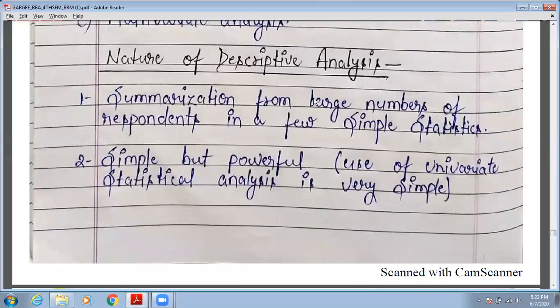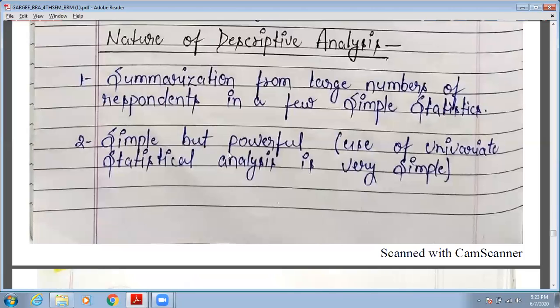First is summarizing from large numbers of respondents to simple statistics. So, descriptive analysis does summarize the large number of respondents to simple statistics. Okay, so descriptive analysis में हम large number of data को small और simple language में summarize करते हैं. Okay, simple but powerful.